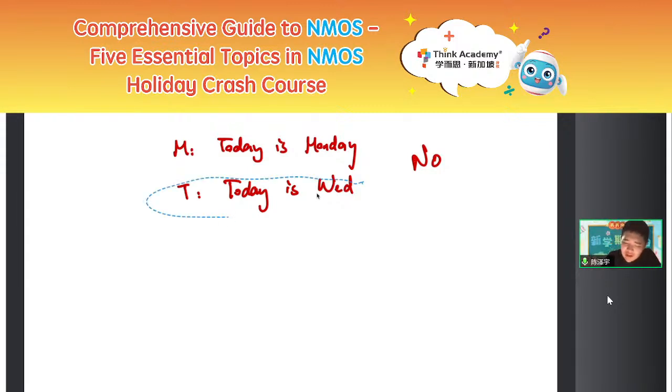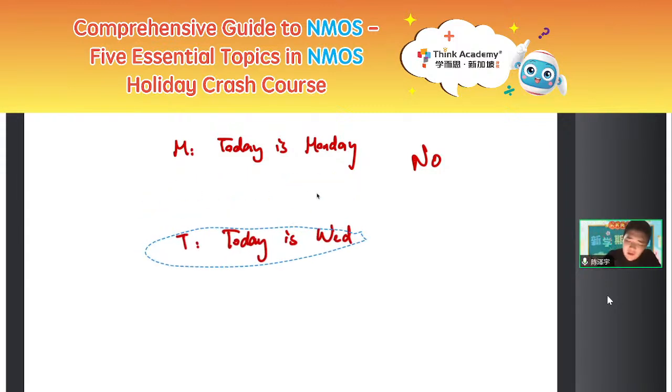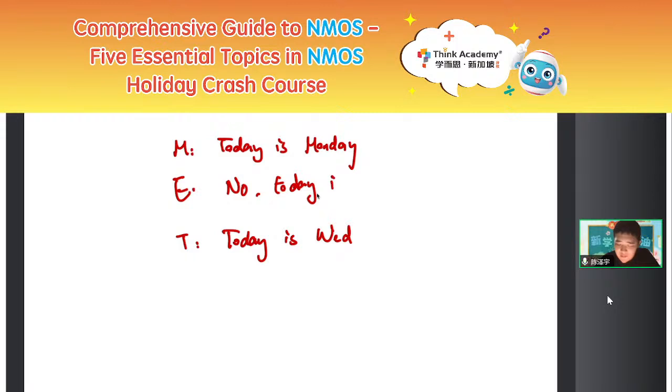Let me show you another example. Now, if I say today is Monday, but let's say teacher Ethan says no, today is not Monday. Now clearly teacher Ethan is contradicting my statement, right? So in this case, we have one truth teller and one liar.